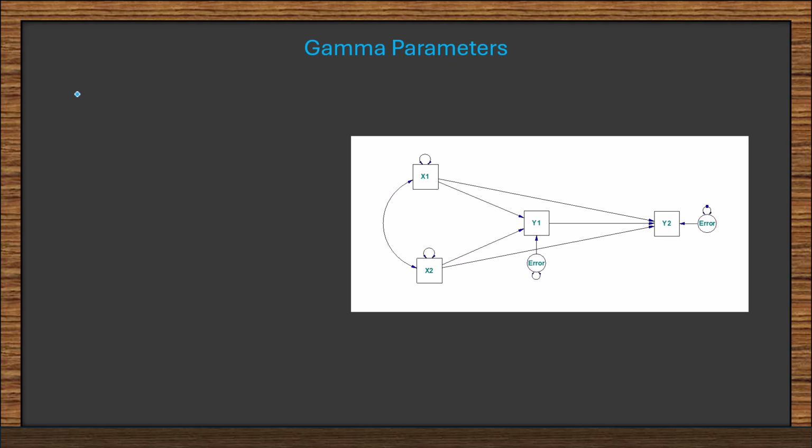LISREL, L-I-S-R-E-L, was created by Jöreskog in the 1970s. It was a software package, and it stands for Linear Structural Relationships.